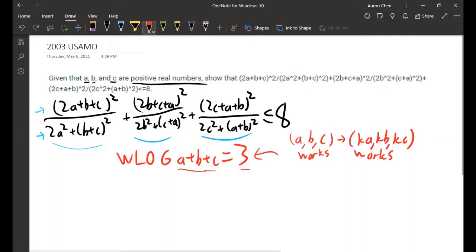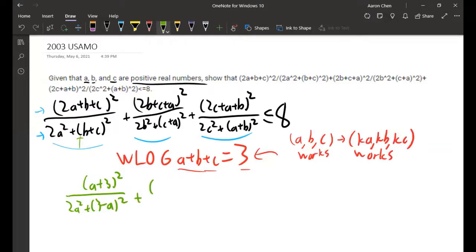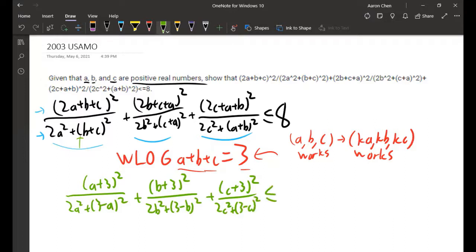Now that you've assumed this, the left side becomes (a plus 3) squared divided by 2a squared plus (3 minus a) squared, plus (b plus 3) squared divided by 2b squared plus (3 minus b) squared, plus (c plus 3) squared divided by 2c squared plus (3 minus c) squared, which is less than or equal to 8.